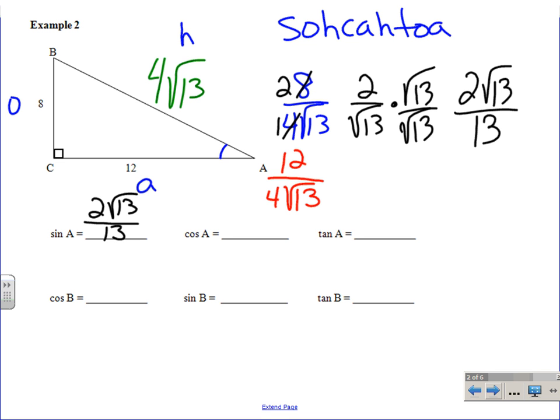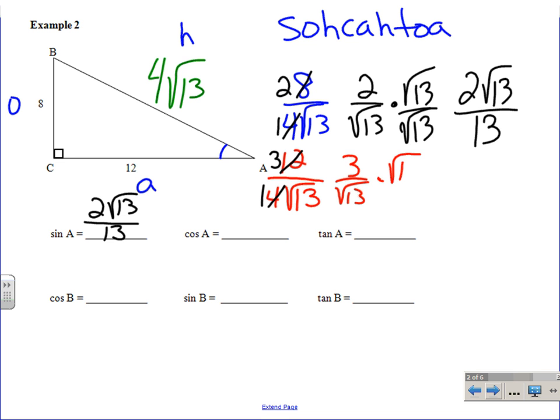And just let me know if I'm going too fast. Okay, so the 12 over 4 does take care of itself. 4 goes in there once, goes in there 3 times. So we have 3 over square root of 13. So once again, radical in the bottom, unacceptable. And the only number we can actually multiply by without changing value is 1.